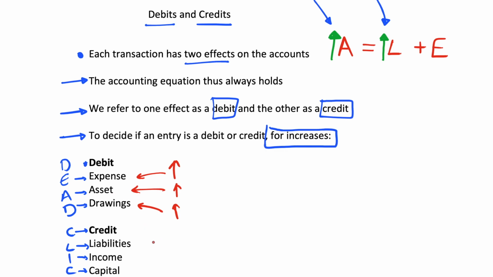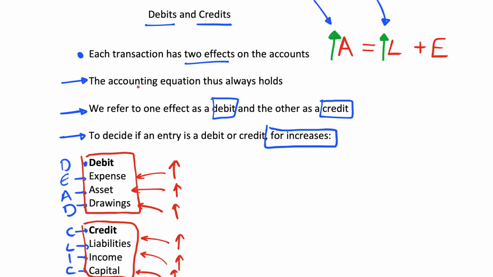And then the flip side of that is if we increase our liabilities, that is going to be a credit. If we increase income in the accounts, that's a credit. And if we increase capital in the accounts, that is also a credit. So the DEAD tells us which ones are debits, and the CLIC tells us which ones are credits.